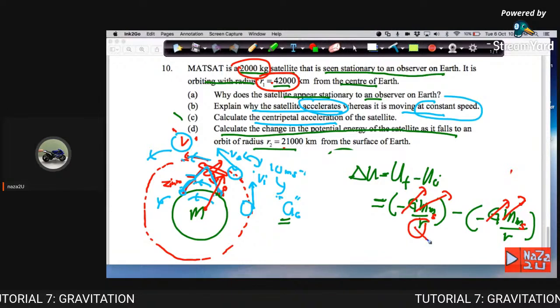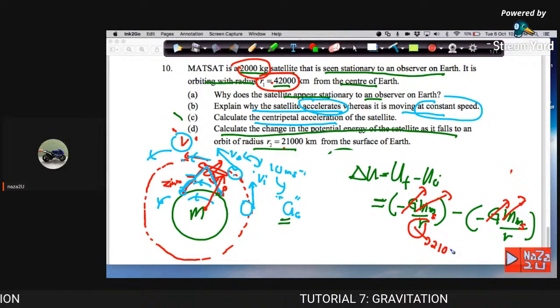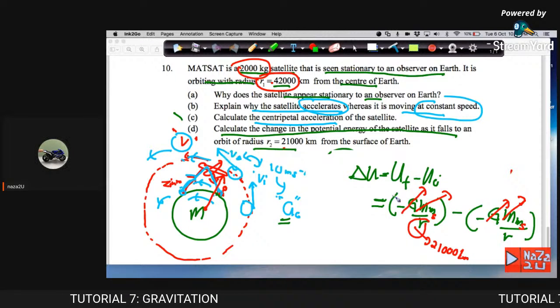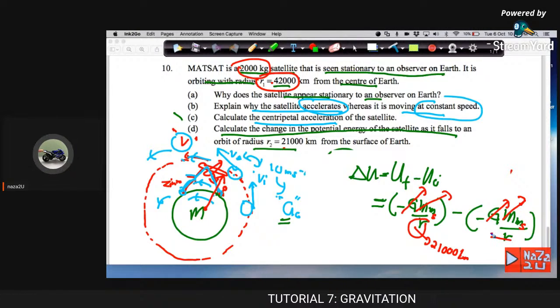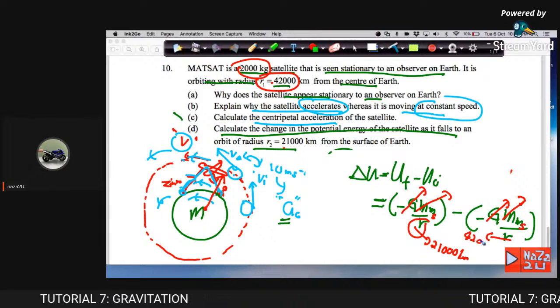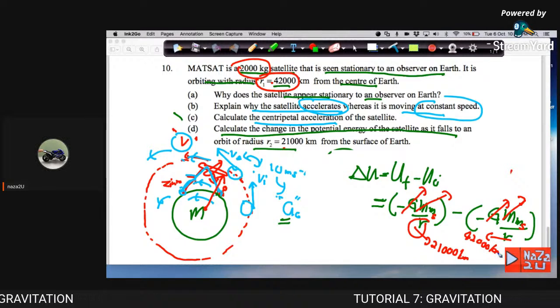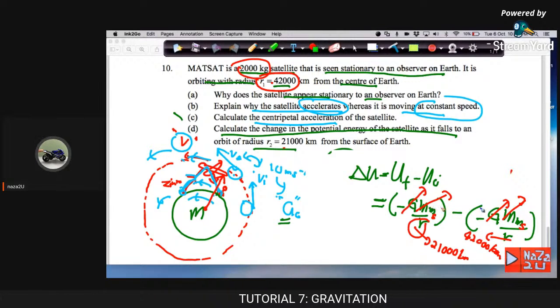So here we have a final is 21,000. So make sure this is kilometer. Convert to the meter first before you calculate the delta U. So the same process here, the initial radius is 42,000 kilometer. Right? Yang lain tu kamu gantikan nilai lah.